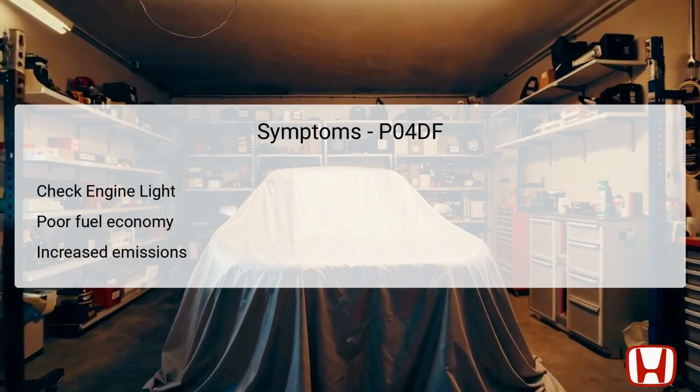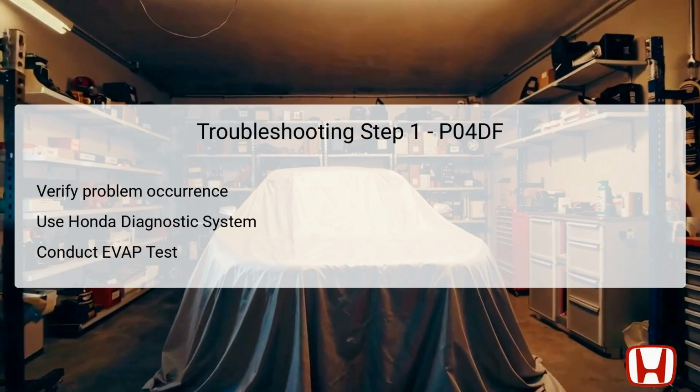with emission standards. The first step in troubleshooting DTC P04DF involves confirming the existence of the problem. Begin by turning the vehicle to the on mode without starting the engine. Using the Honda Diagnostic System, HDS, clear the existing DTCs to reset the onboard computer. Following this, navigate to the EVAP test function within the HDS menu and initiate the function test.